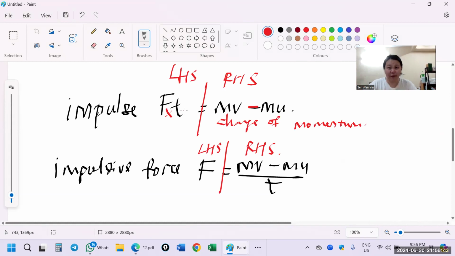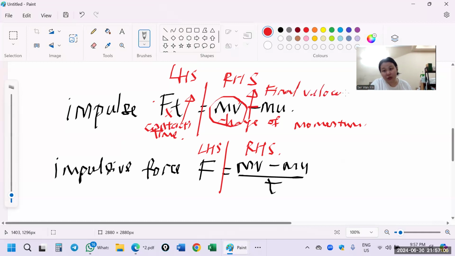The more force and the more time you swing your racket, the more contact time you have, you will increase your final velocity. So your final velocity increases means the change of momentum will increase too.